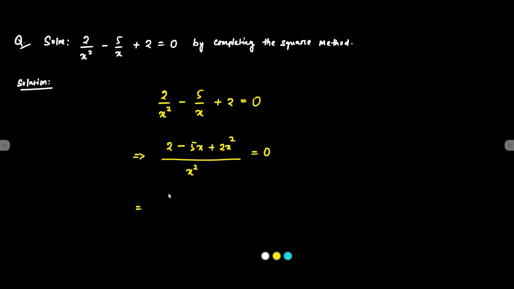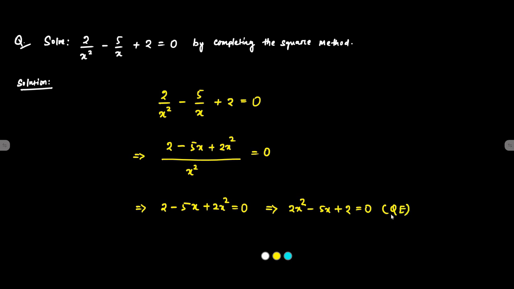That implies, when the x² goes to the right-hand side, it gets multiplied by 0, so it becomes 0. So we have 2 − 5x + 2x² = 0, which implies 2x² − 5x + 2 = 0. This is the proper quadratic equation format.